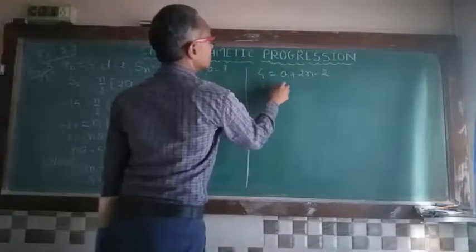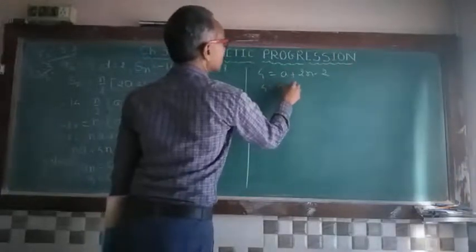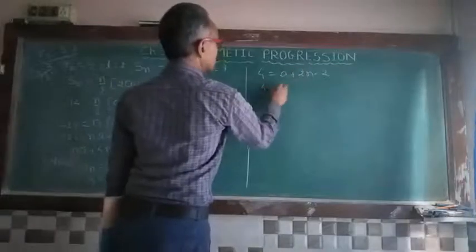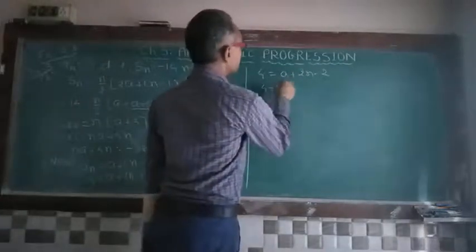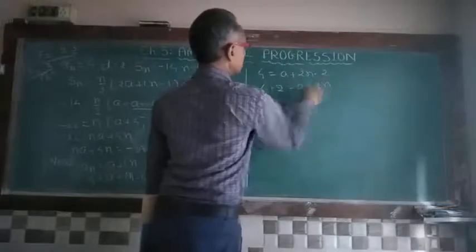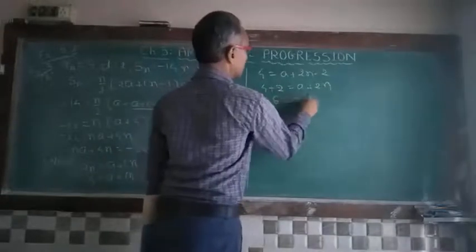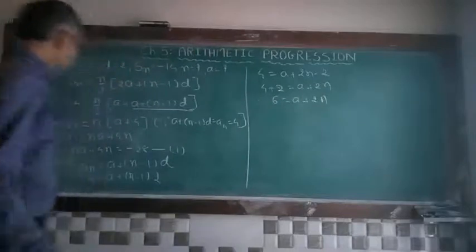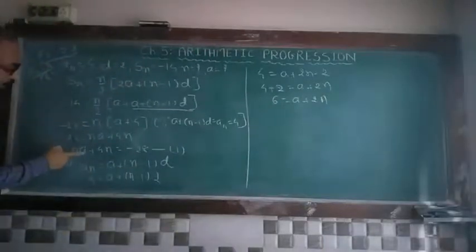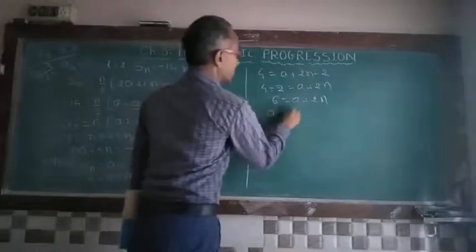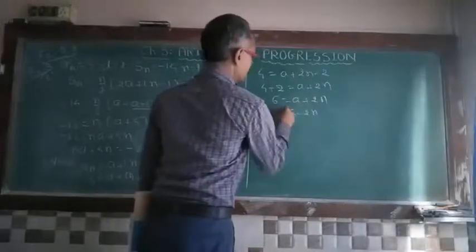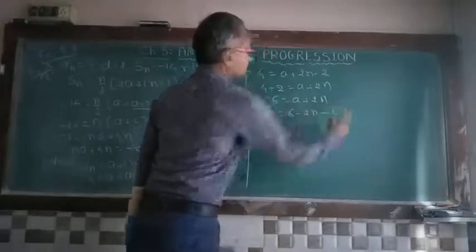That is 4 plus 2 from right to left, that is 6 is equal to a plus 2n. Now see here, put the value of a here. So a is equal to 6 minus 2n. That is your equation 2.